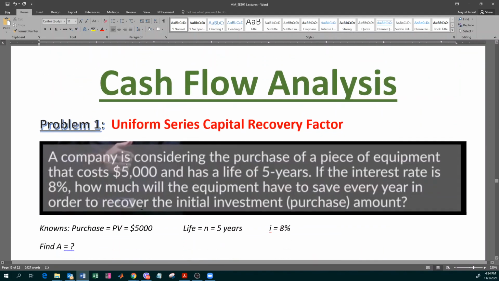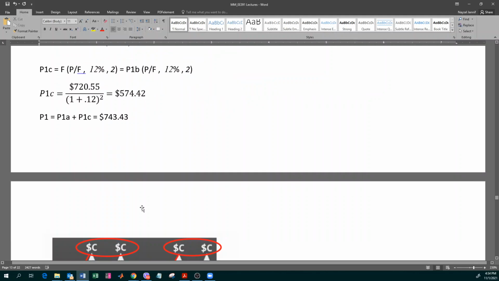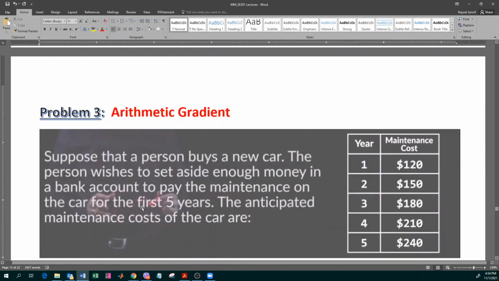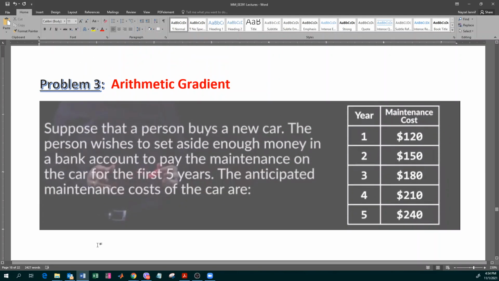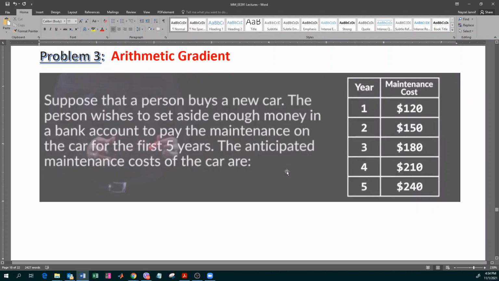Now, whenever we are talking about gradient, arithmetic gradient, the amount increases by a particular amount. Let's have a look at this question, and you'll start to understand and appreciate what I'm talking about. Suppose that a person buys a new car.